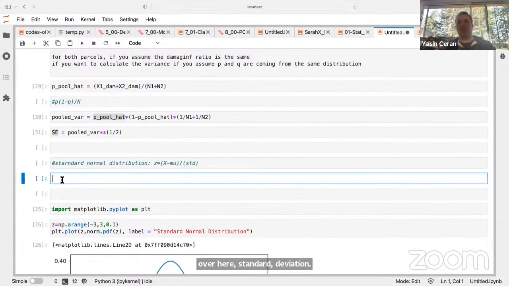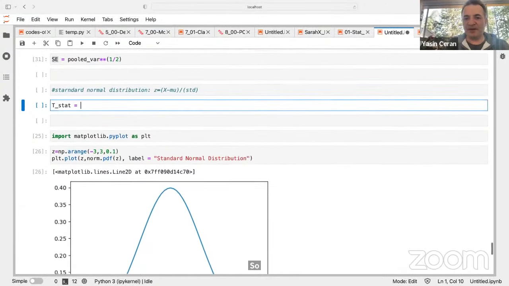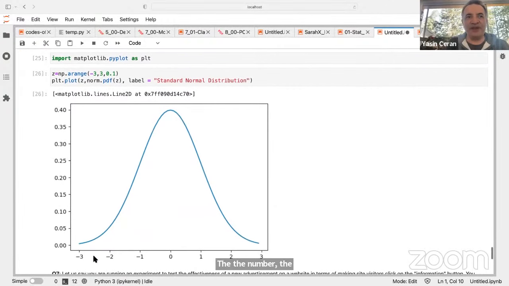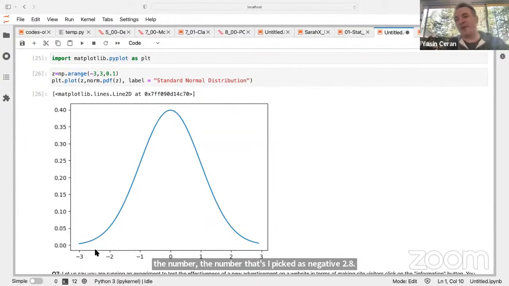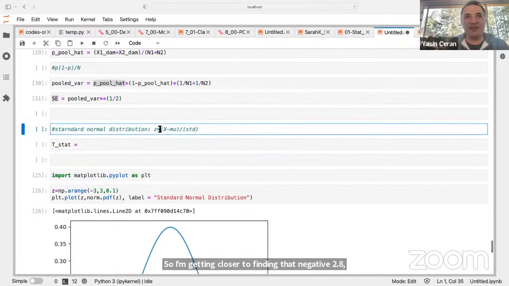Now it is time for me to find the test statistic. So the T-stat, the number that I picked as negative 2.8. I'm getting closer to finding that negative 2.8, whatever that number is. This T-stat is basically this Z number.